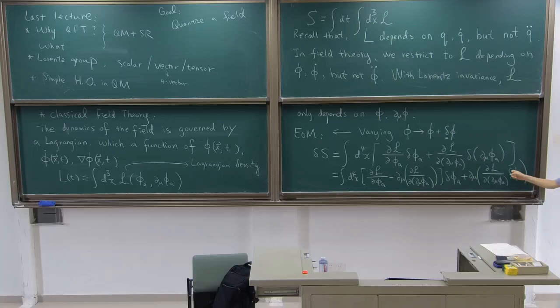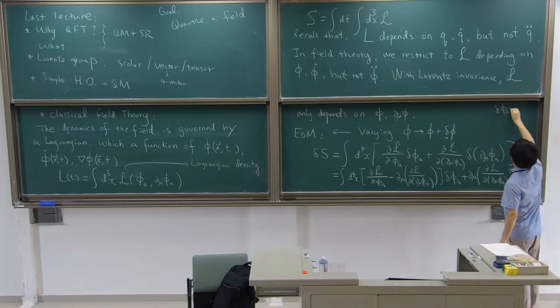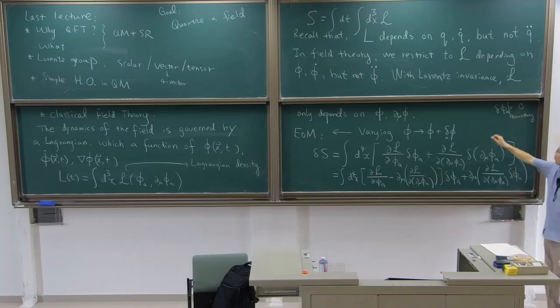So either I can choose the boundary condition where the variation of phi, the field itself, is set equal to 0 at the boundary, or we can set this other one equal to 0 at the boundary. These correspond to boundary conditions.